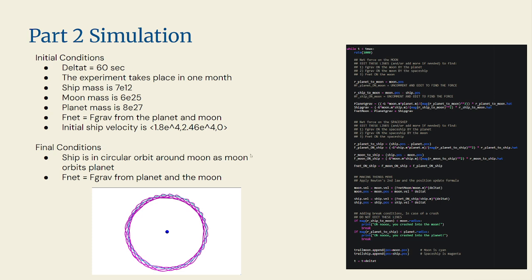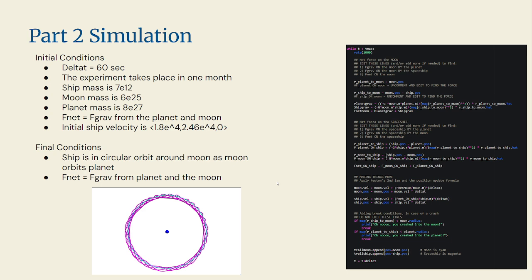So our final conditions is that the ship is in a circular orbit around the moon and the planet as well. As you can see, it enters almost a helical pattern circling around the moon and then also around the planet. Because they're all lying on the same z-plane, the motion is strictly 2D, so only x and y.